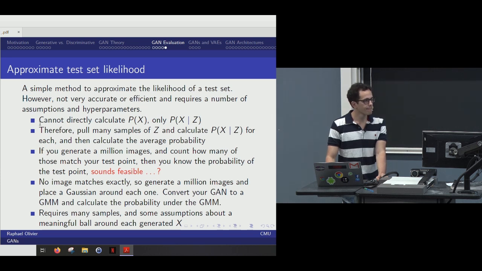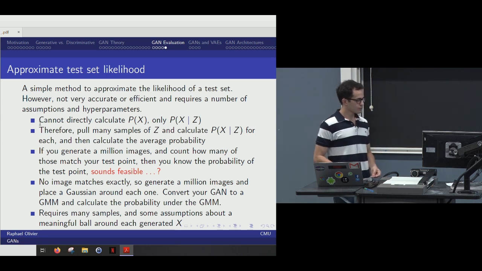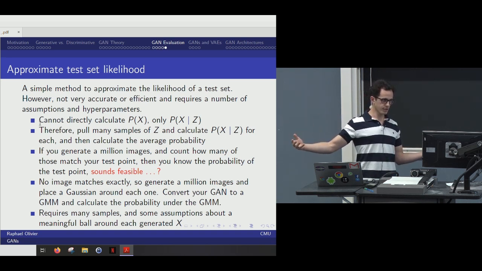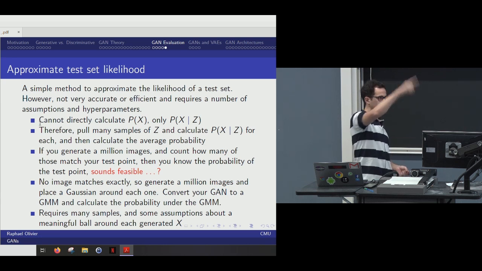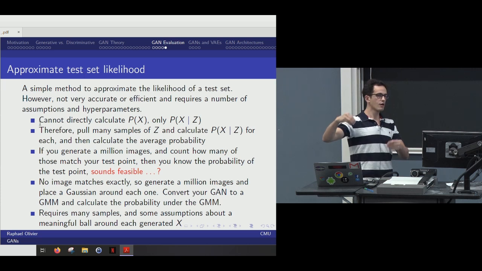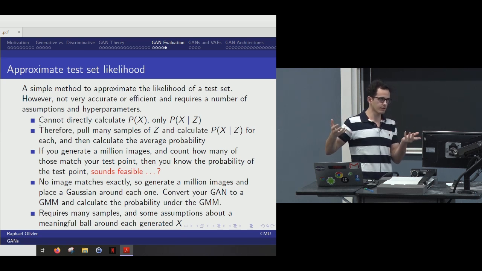Yeah? So why do you need that many images again? Well, if you think about images that are 512 by 512, the dimensionality of the problem is so big. In high dimension, if you look at the probability distribution, it's kind of like a bunch of Gaussians around different points, and the centers of those Gaussians have near zero mass, because that's just what happens if you have too many dimensions.